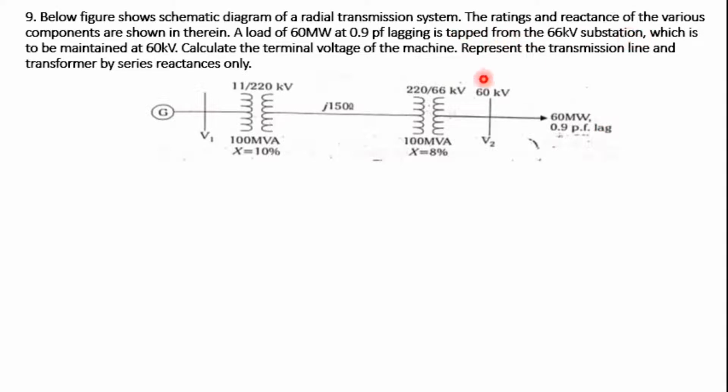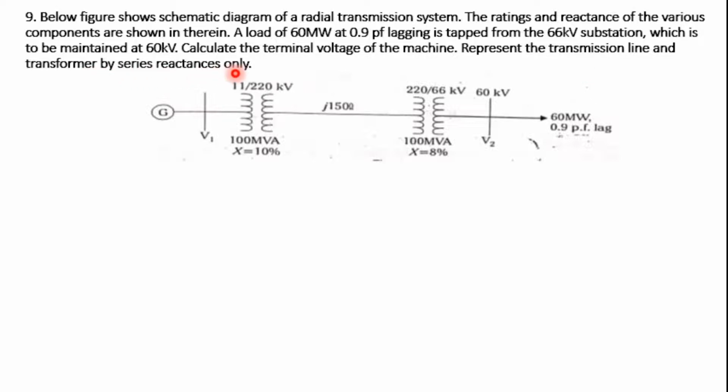So it means we are receiving at 66 kV, which is to be maintained at 60 kV. We have the transformer rating here. The substation is supposed to be maintained at 60 kV, but we are receiving at 66 kV. We need to calculate the terminal voltage of the machine, representing the transmission line and the transformer by series reactance only.